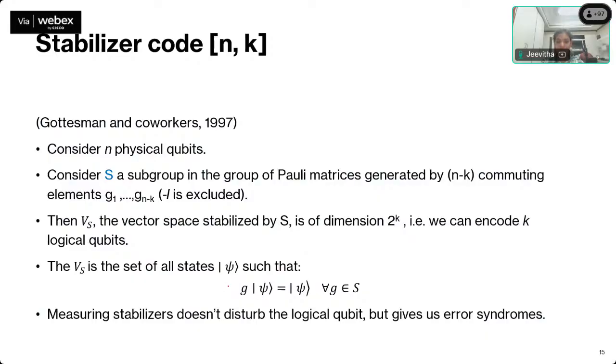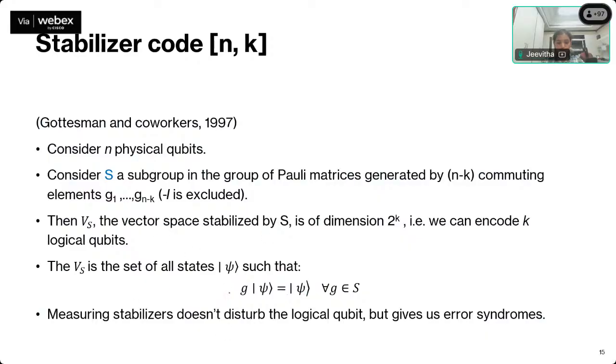If the state psi has an error in it, the stabilizer helps to detect the error in the state. The vector space contains all the states which are stabilized by the stabilizer. It means that it contains all error-free states. Whichever states are stabilized by the stabilizer stay in the vector space and they are error-free.